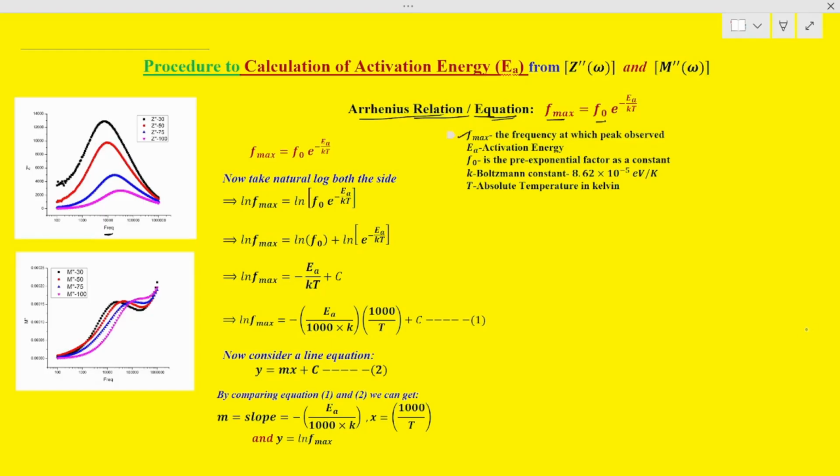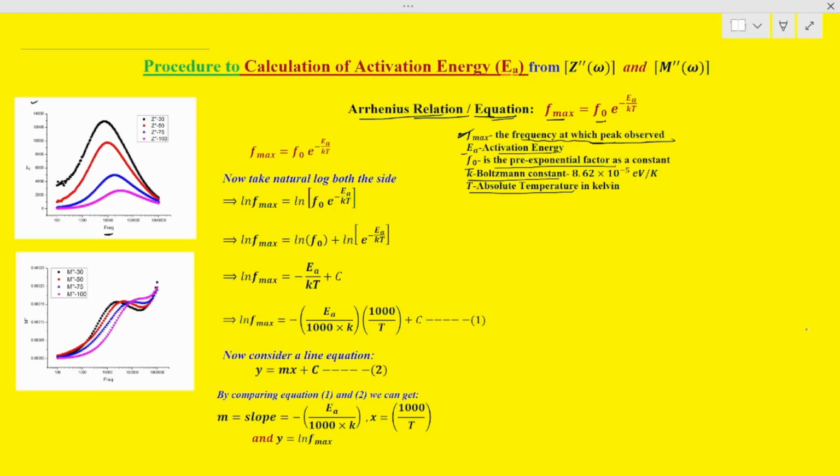Here F max is the frequency at which the peak is observed, EA is the activation energy, F0 is the pre-exponential factor, a constant itself, K is the Boltzmann constant, value 8.62 into 10 to the power minus 5 electron volt per Kelvin, and T is the absolute temperature in Kelvin scale. Here you can see F max is nothing but the frequency at which the peak is observed.